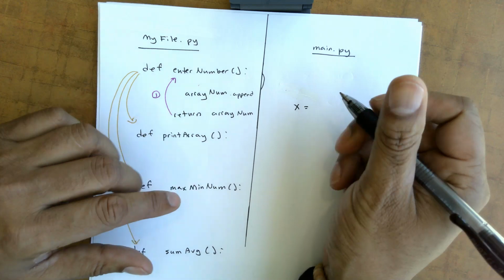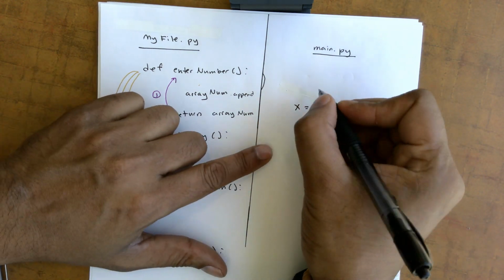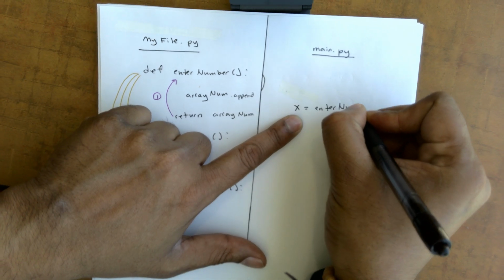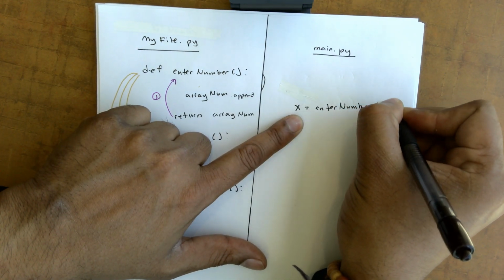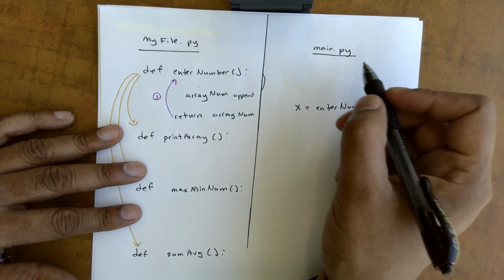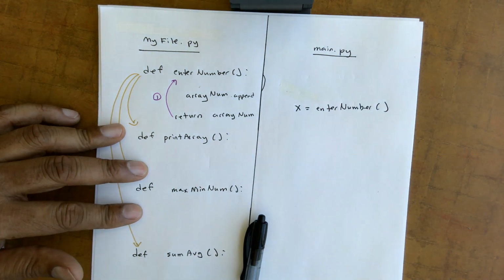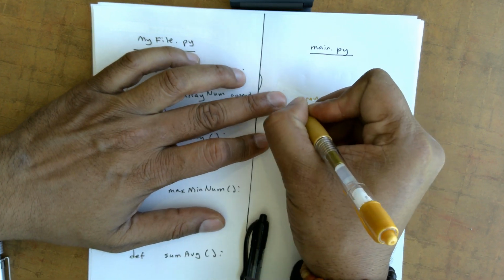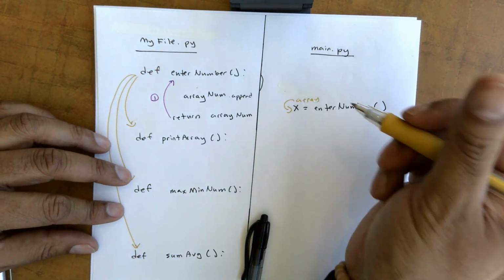X equals what? X is equal to enter number. Once x is equal to the enter number, x is now a what? X is an array, right? This is now a value of an array, right?